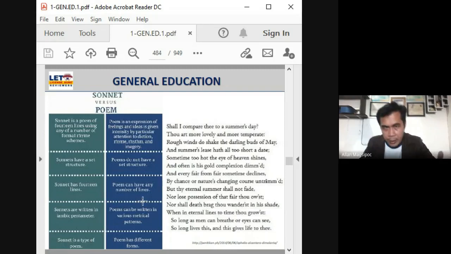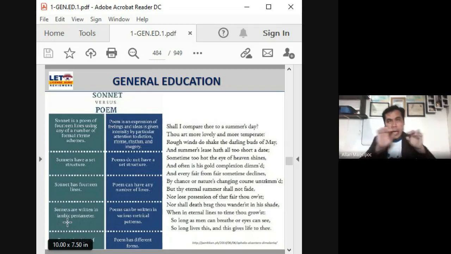Ano pa? Sonnets are written, ito ang ikaapat na row, in iambic pentameter. Mag-research kayo ng iambic pentameter, but it's about the pattern of sound. Paano ba i-explain yan? Kasi sa English major ito.